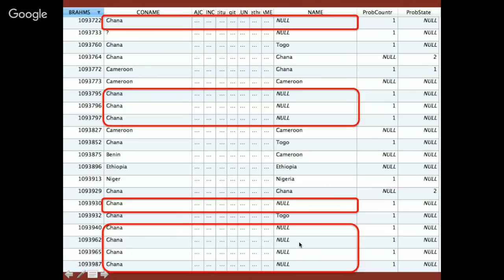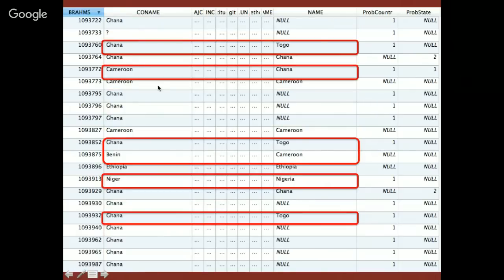And then in other cases, we have a country name in the data record that says Ghana, but the coordinates fall in Togo, or a country name that says Cameroon and the coordinates fall in Ghana.